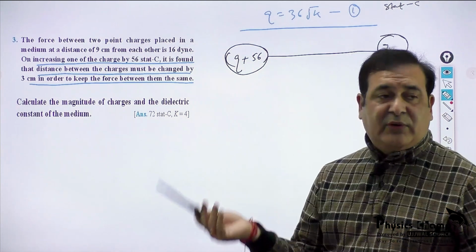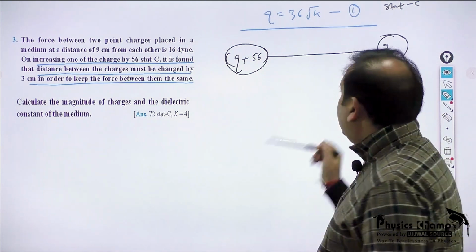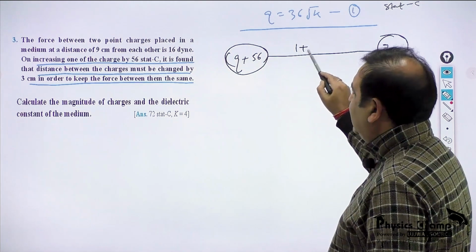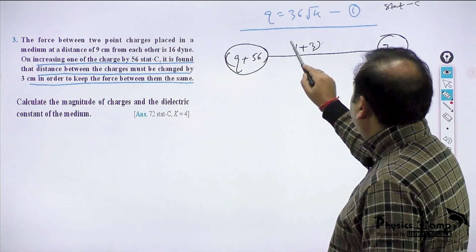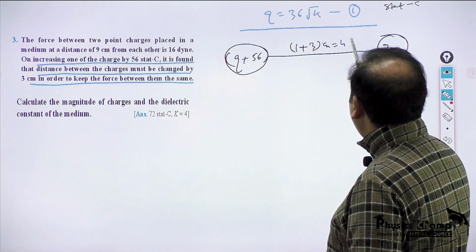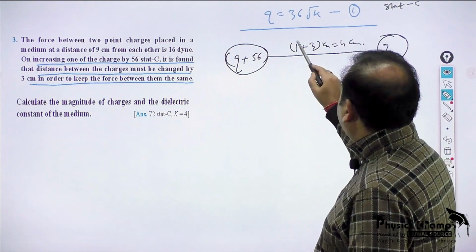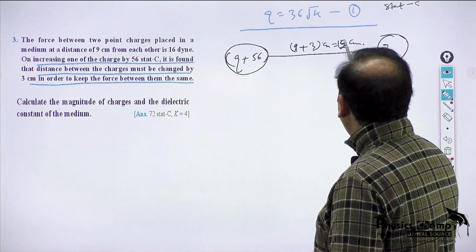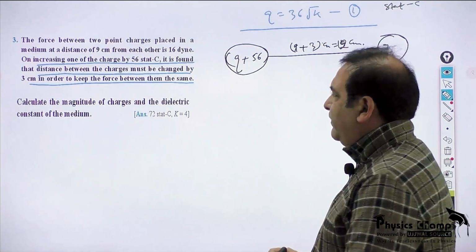So obviously the force of repulsion will increase. So the gap is now increased by 3 centimeter. If earlier it was 9, plus 3 centimeter, so 12 centimeter is the new gap between them.